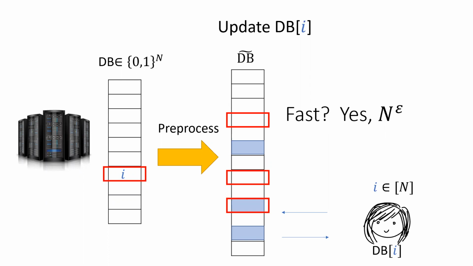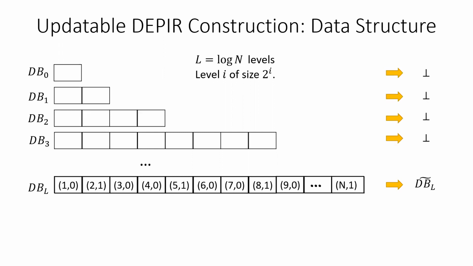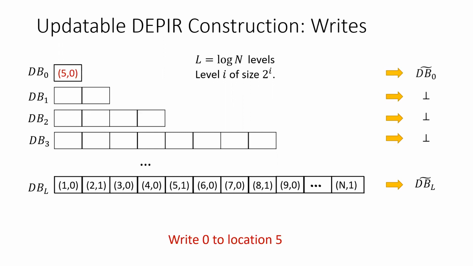Okay, so the construction is very similar to the hierarchical ORAM construction of Goldreich and Ostrovsky. So the intuition is, first we have log n levels of data structure. Each database is preprocessed correspondingly.